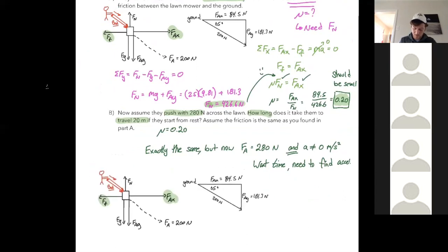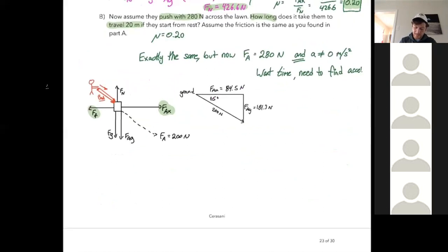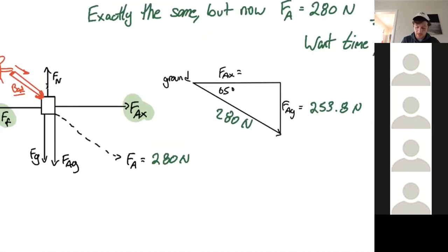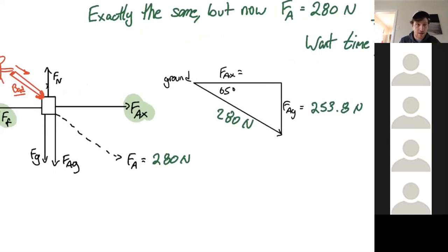But now our components are going to change because now we're not pulling with 200 newtons, we're pushing with 280 newtons, which means we are going to get a y component of 253.8 newtons and an x component of 118.3 newtons.